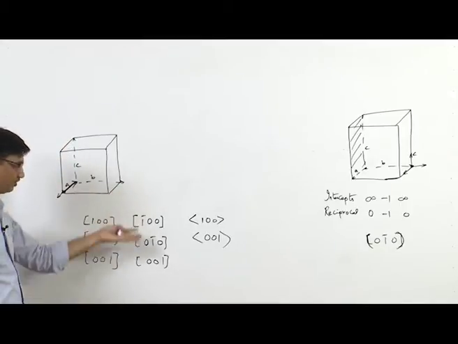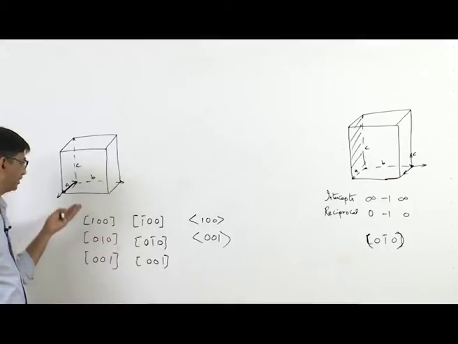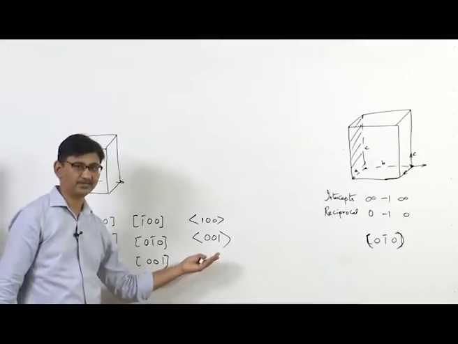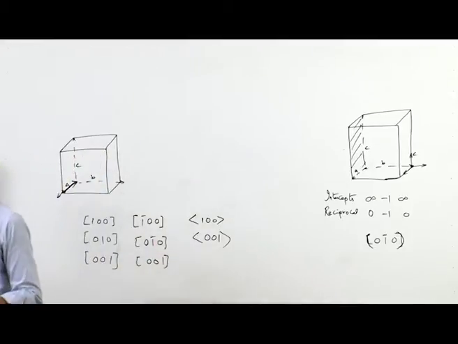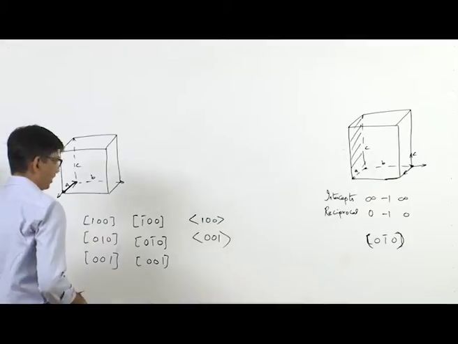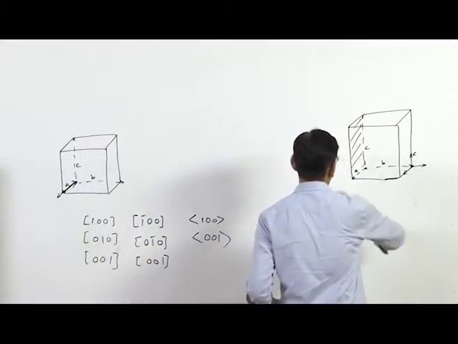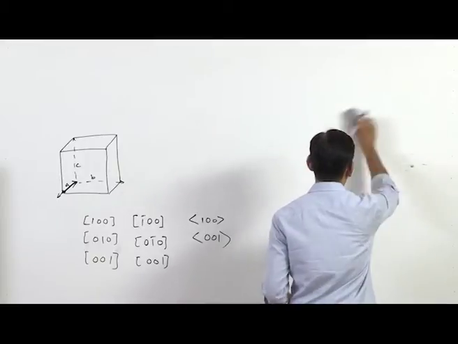So for a property, it does not matter whether it is 1 0 0 or 0 1 0, all are the same. So I can just represent them by a family of directions. Similarly, in case of planes also we can represent a family of planes.